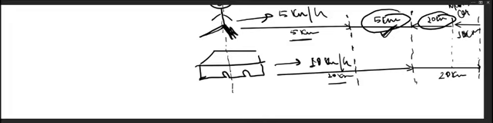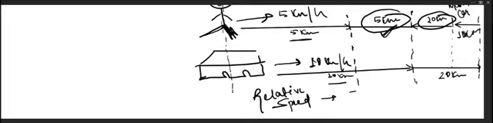In the first hour it was 5 kilometers, in the second hour it will be 10, and if we talk about the third hour, then it will become 15 kilometers. So relative speed will be 5 kilometers per hour.